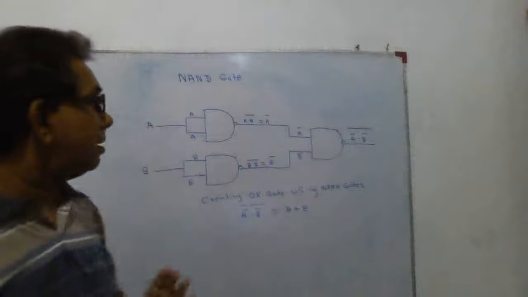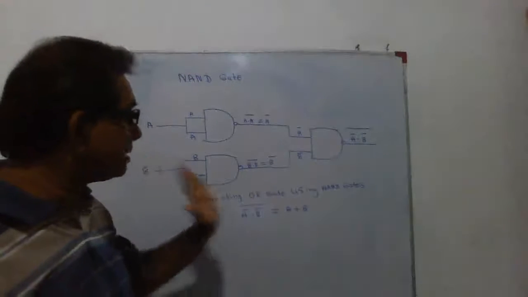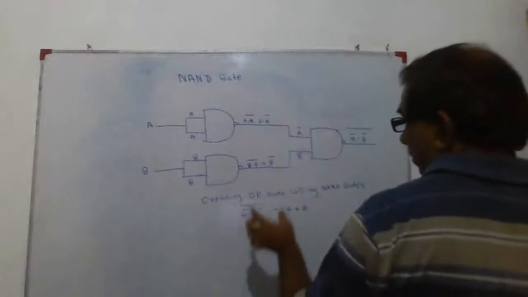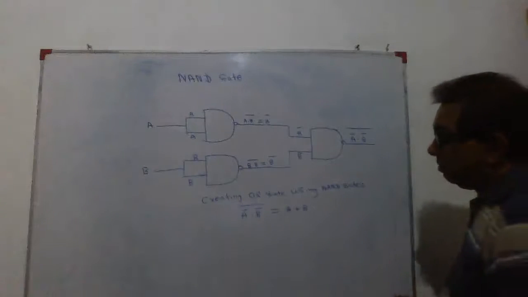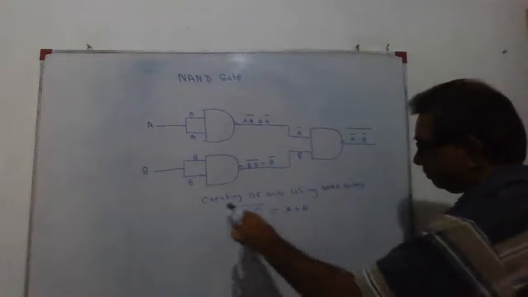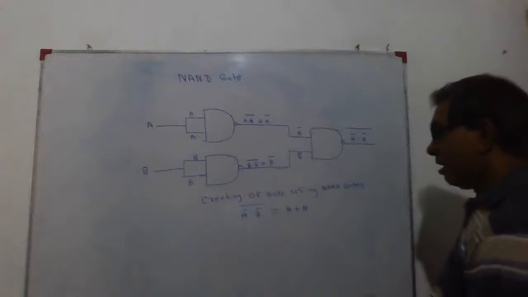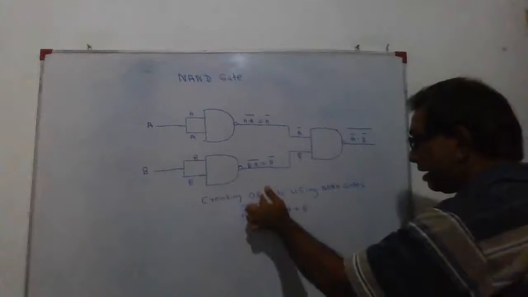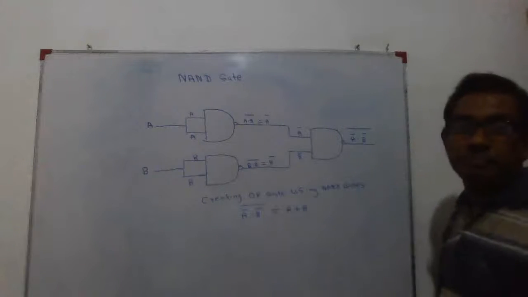But remember, the De Morgan theorem says if there is a full bar like this, we can break it and separate these two terms by dividing the full bar.